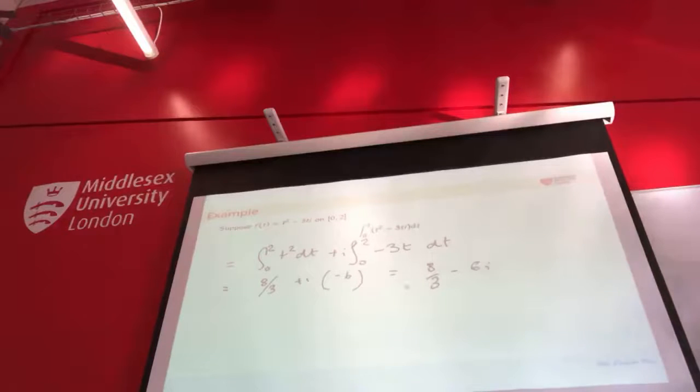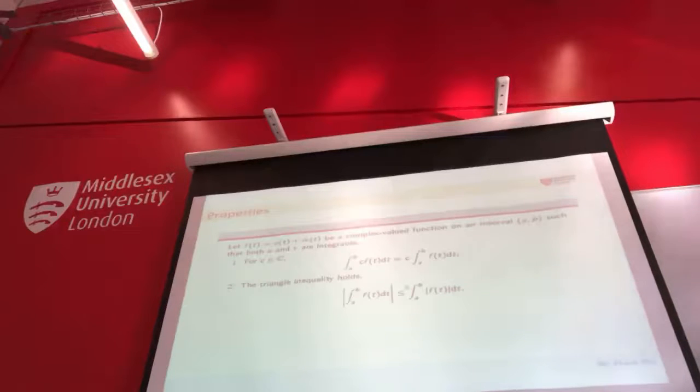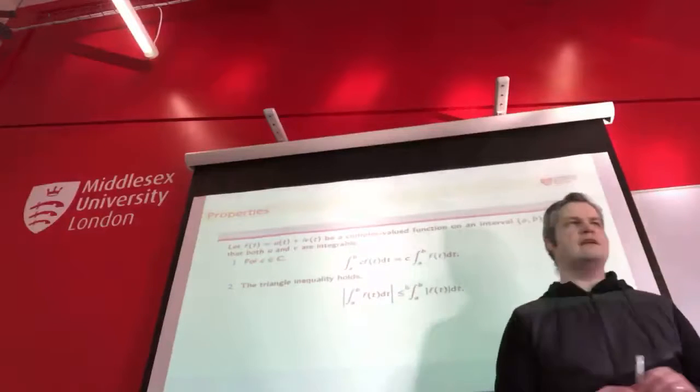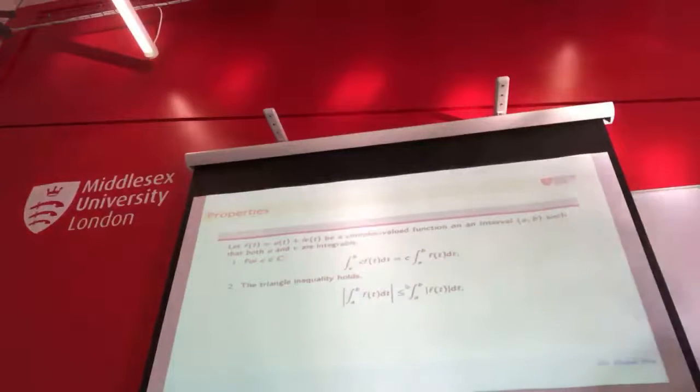There are things that are important that we should check. The standard stuff that you should check is whether or not the integral of f plus g is the integral of f plus the integral of g, but it is. But there are other things that are important, of course. We should check that the integral of a constant times f is the constant times the integral.